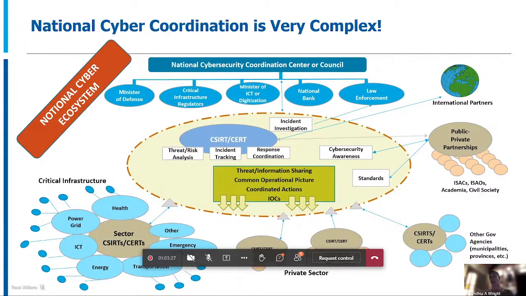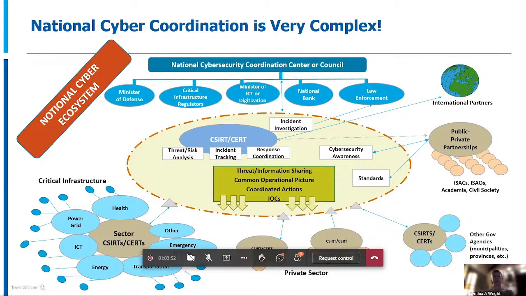Down in the right-hand corner, there are other government agencies that may have CSERTs of their own. Above that, we have public-private partnerships, such as ISACs and ISOs, which we're going to talk a little bit more about later. Up in the upper right-hand corner, there are international partners, for instance, for battling cybercrime or for working other international problems in cybersecurity.